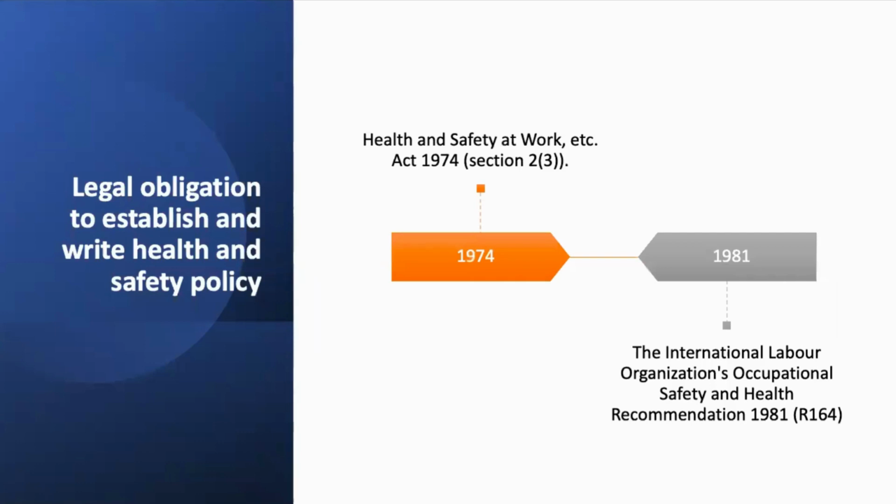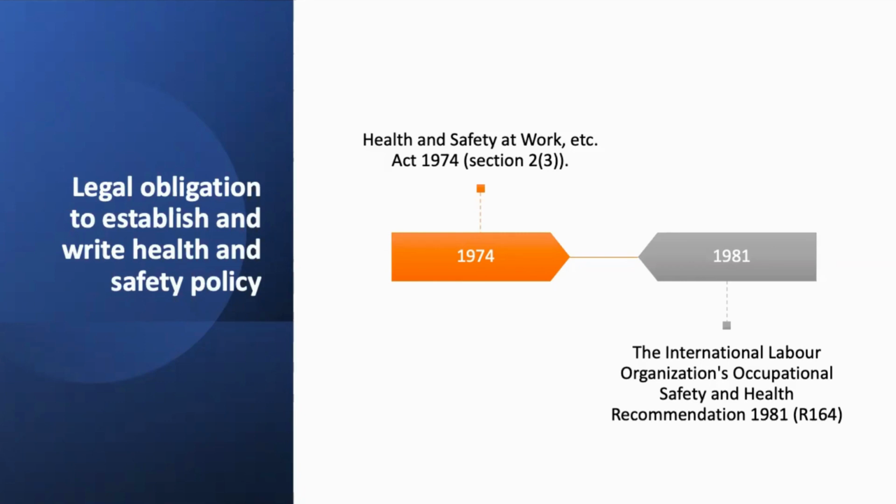Now, coming on to the next part, why it is legally important to have a health and safety policy in an organization. It is a very important part, and everyone should understand it well, because you need to give arguments in your favor when someone asks you, okay, gentlemen, tell us why it is important to have a health and safety policy in any organization.